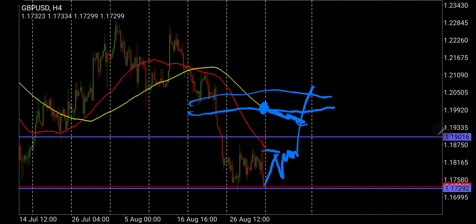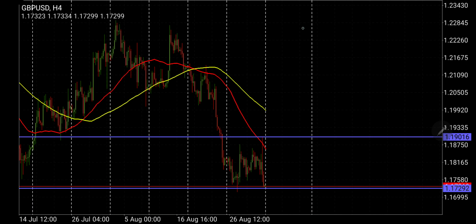So I'm looking for some longs this week. I'm expecting the market to come up, come down, consolidate a little here and go long and come back down, something like that.